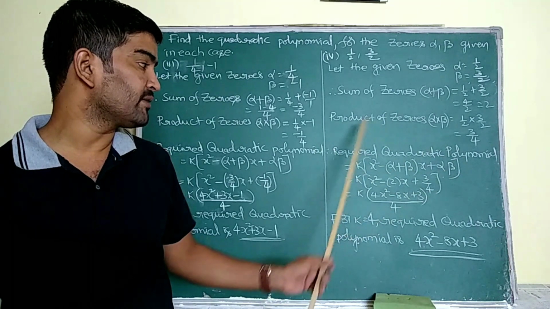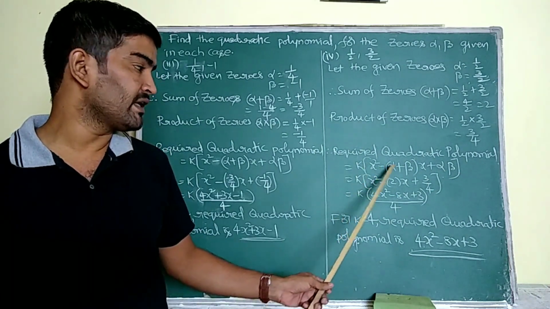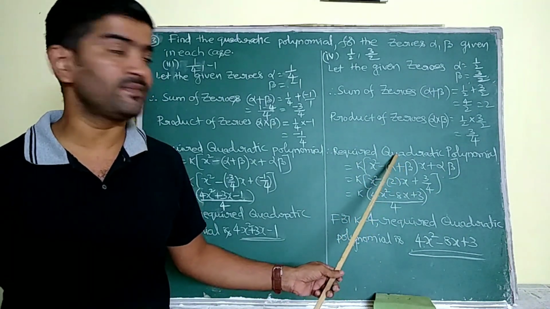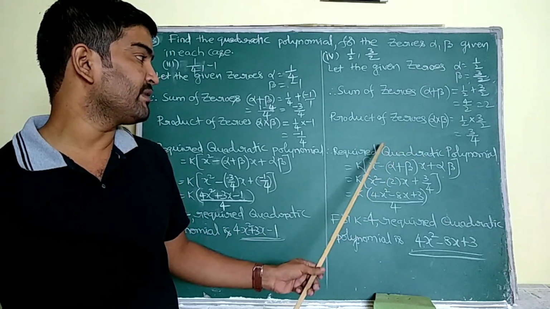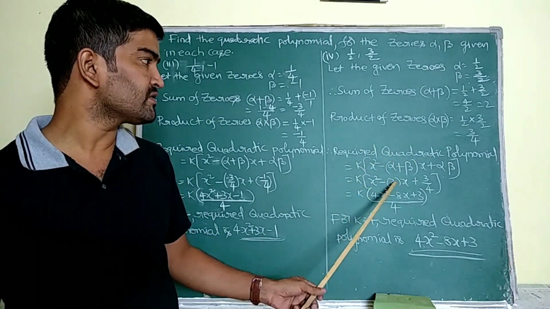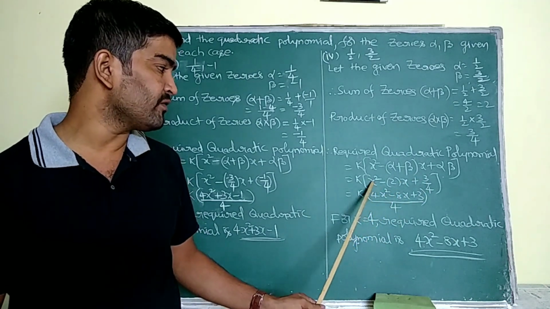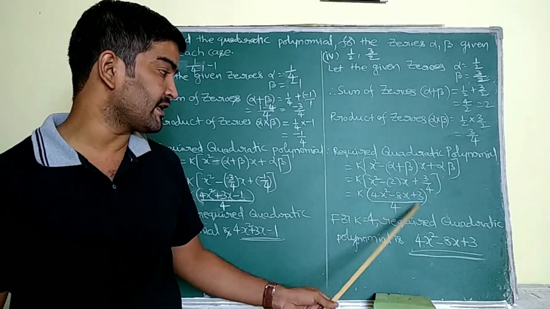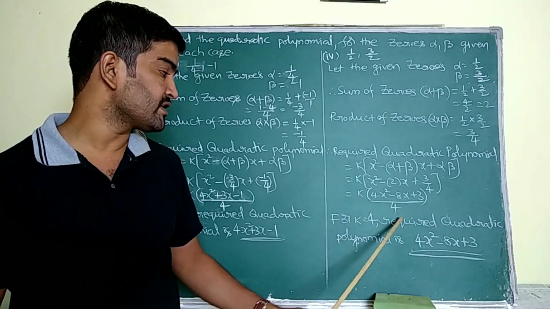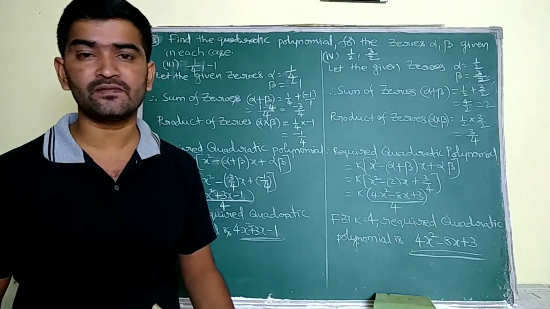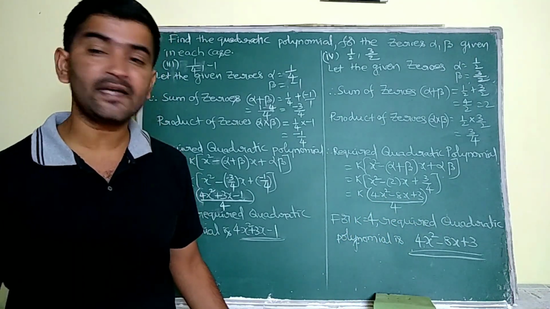So therefore the required quadratic polynomial is k into x square minus sum of zeros into x plus product of zeros. Here the sum of zeros is 2 and the product of zeros is 3 by 4. So by taking 4 as LCM, 4x square minus 8x plus 3. That is, for k is equal to 4, the required quadratic polynomial is 4x square minus 8x plus 3.